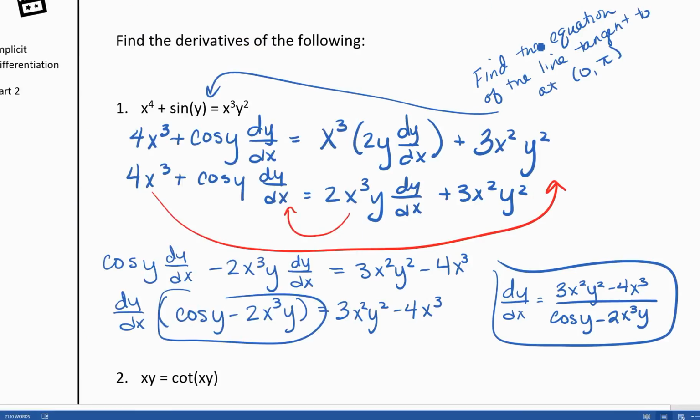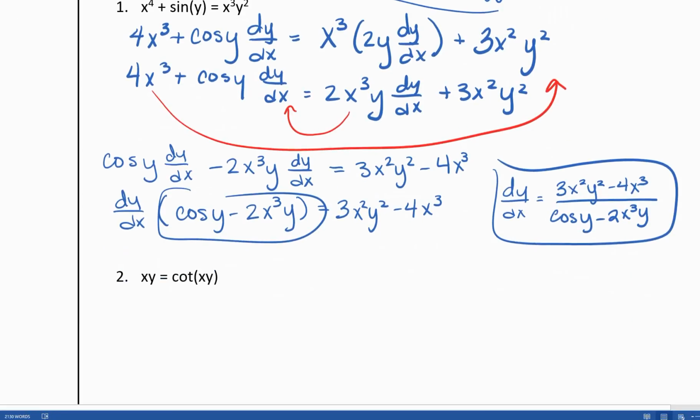So to get the derivative, this would be your point, but to get the slope, you would plug 0 in for x and pi in for y, and you would get the slope. So here it would actually be 0, and the equation of the line would just be y equals pi, but that's how you would do it in general.